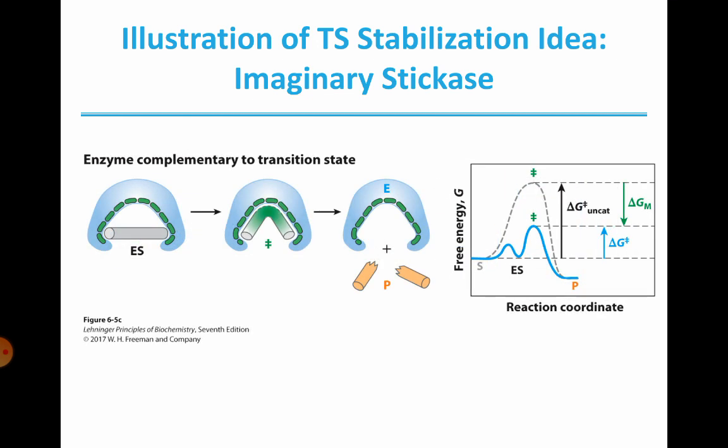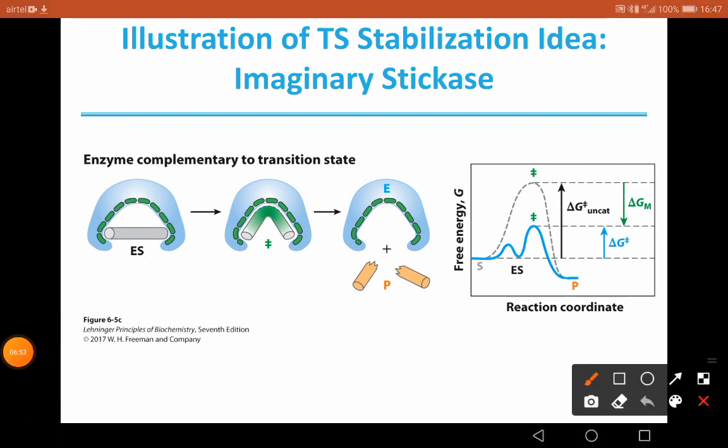So the enzyme is complementary to the transition state. This is the enzyme substrate complex, and then we get enzyme and the product. This is a comparative diagram that shows the difference in the transition energies. In absence of the enzyme, the transition energy is quite high, and in the presence of the enzyme, the transition energy is quite low.